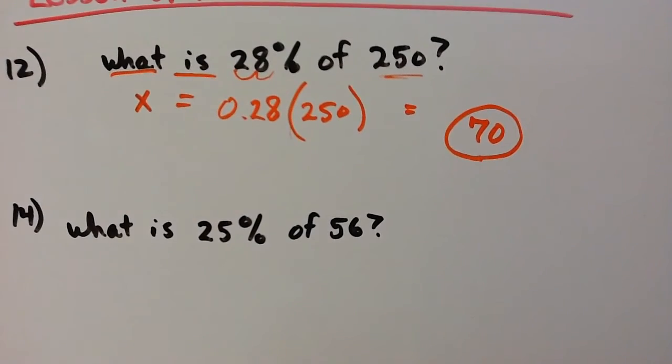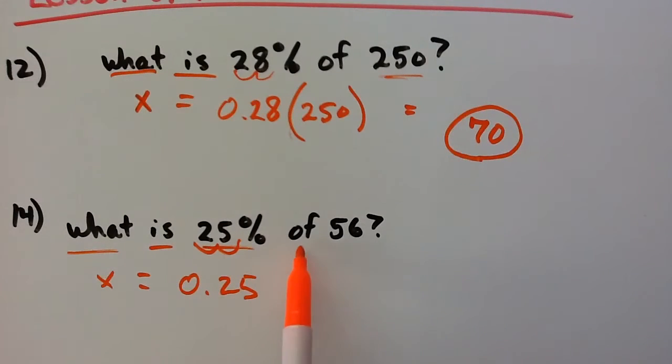Next example: what is 25% of 56? Let's use x for "what number." "Is" means equals, so x equals 25%. How would I write that as a decimal? I divide by 100, or move the decimal 2 places to the left. So that's 0.25.